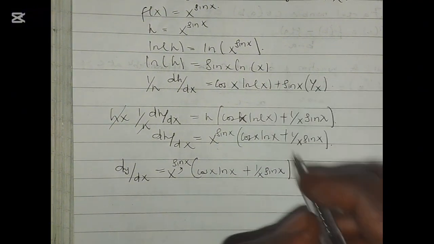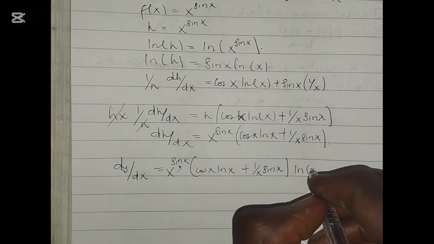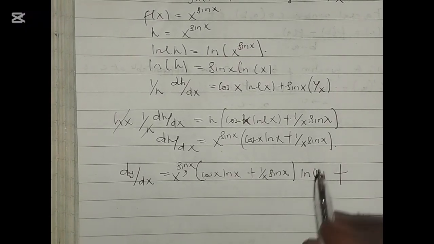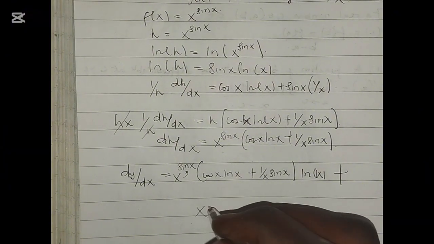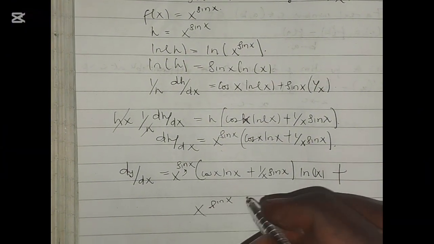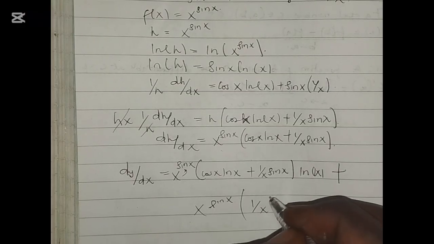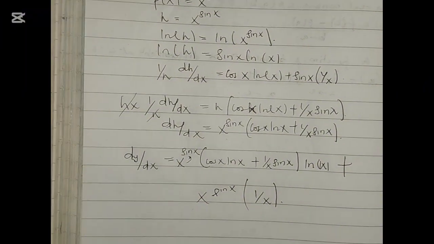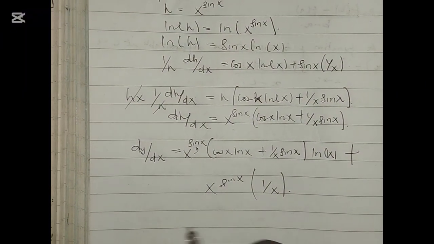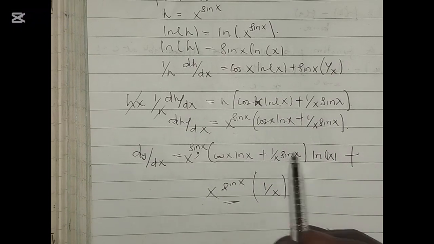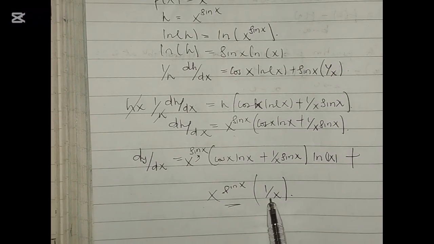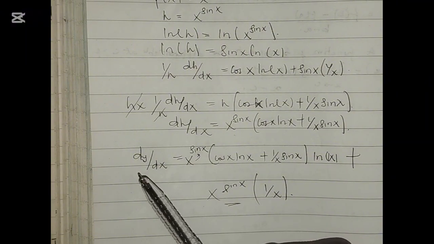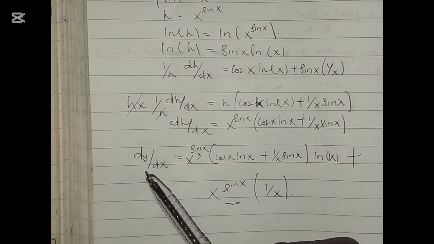That's it, and keep the second function ln x. Now you add that to the second one, which says keep the first function x to the power of sine x and differentiate the second function, 1 over x, which is interesting. So at the end of the day, what we have is this x to the power of sine x times ln x plus x to the power of sine x times 1 over x. That is what we get when we differentiate the function x to the power of sine x multiplied by ln x, ln absolute value of x.